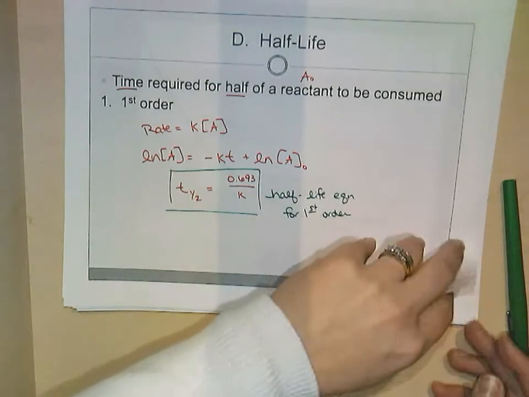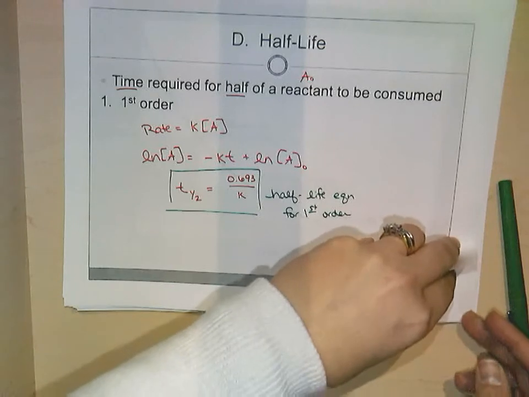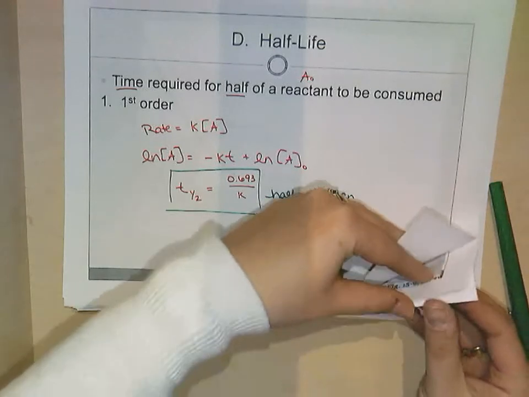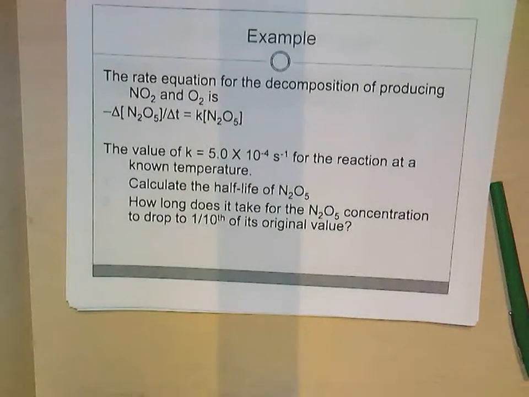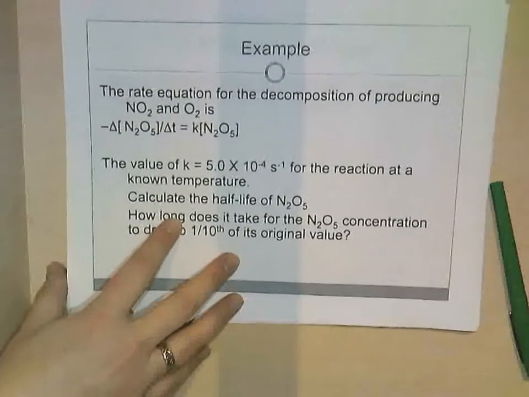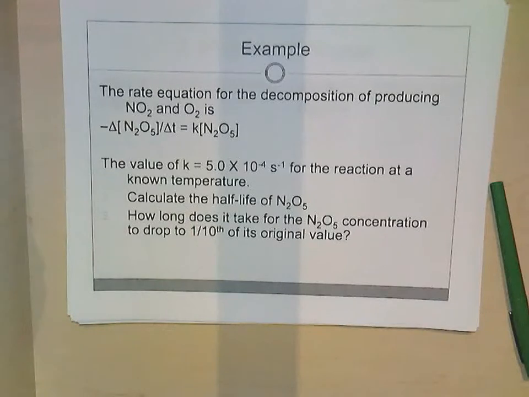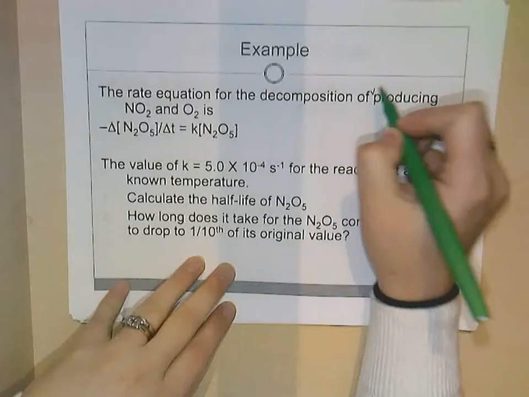All right, so what do we always do? Let's do a practice problem. All right, so here's my rate equation. That is not a complete sentence, is it? It should be. There we go.